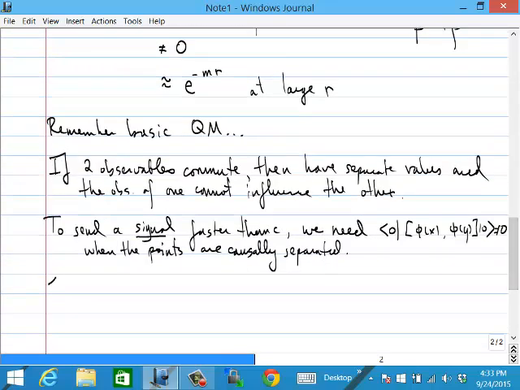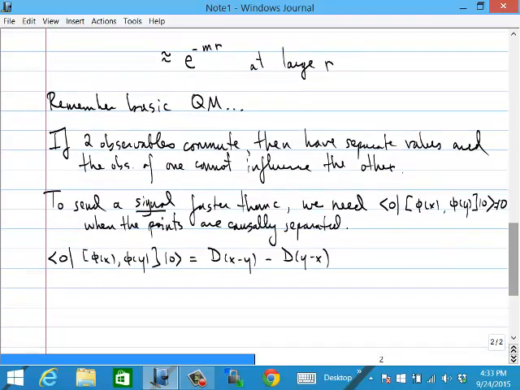And what is this commutator? Let's just go ahead and study it. Well, that's D of x minus y minus D of y minus x. Or, to write that out a little bit more explicitly, it's an integral d3p over (2 pi) cubed, 1 over 2 Ep.